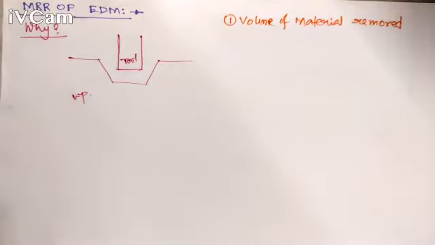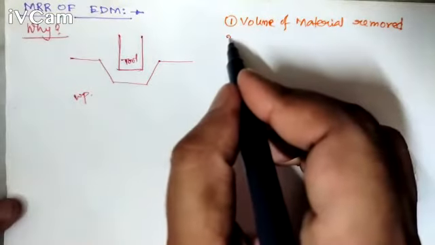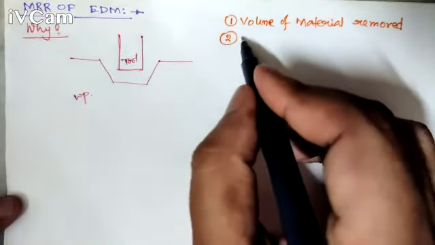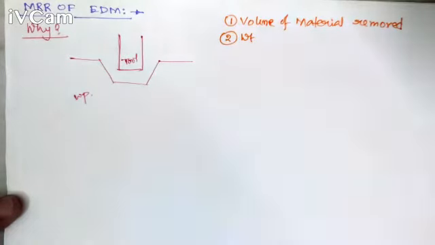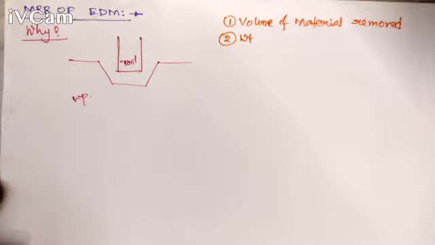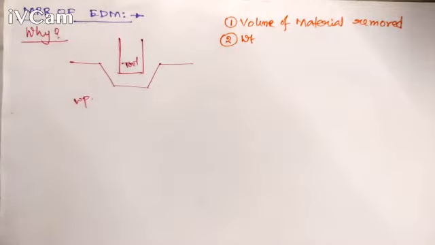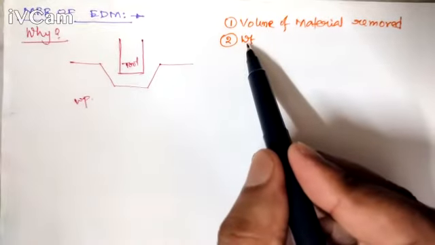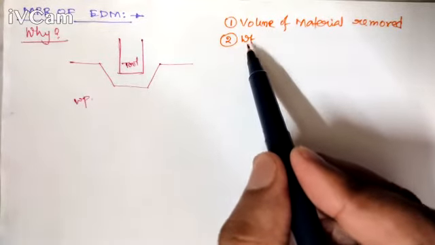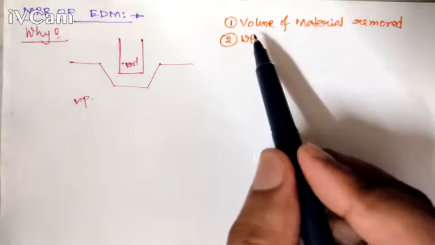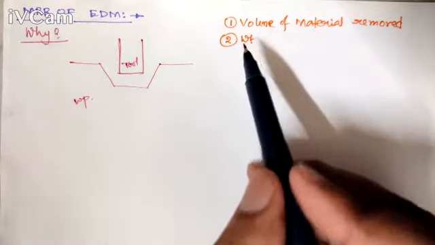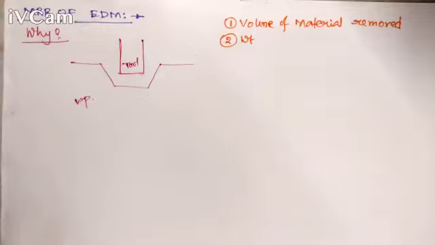Secondly, we can also find out the weight before machining and after machining, and the time duration which the machining process has taken, and then we can find out that this much gram of material got removed in a certain duration of time. So many methods we can adapt.